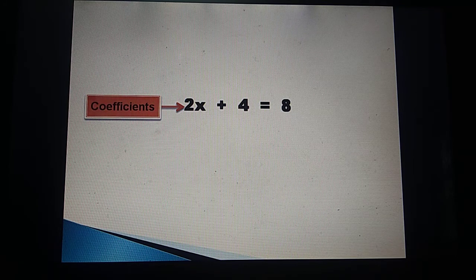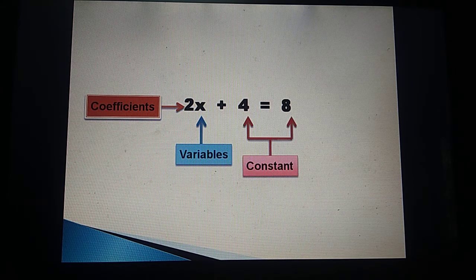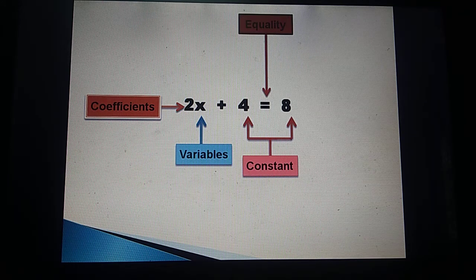Now let's see an example. Here 2x plus 4 equals 8. As you can see, there is an equal to sign, so it's an equation. Now here 2 is a coefficient, x is a variable, 4 and 8 are constants, and this is an equal to sign, which shows that the part on the left is equal to the part on the right.